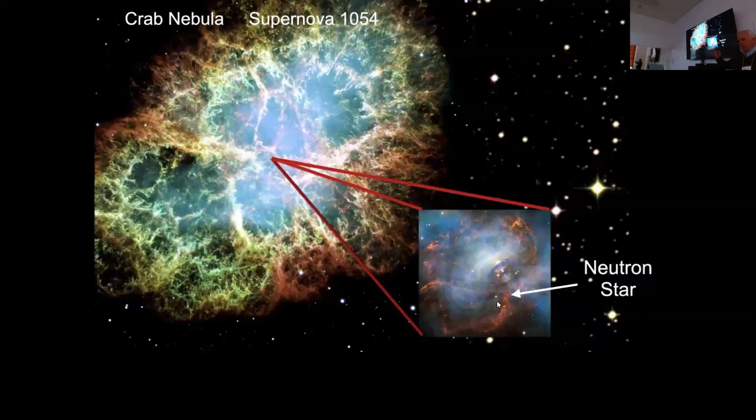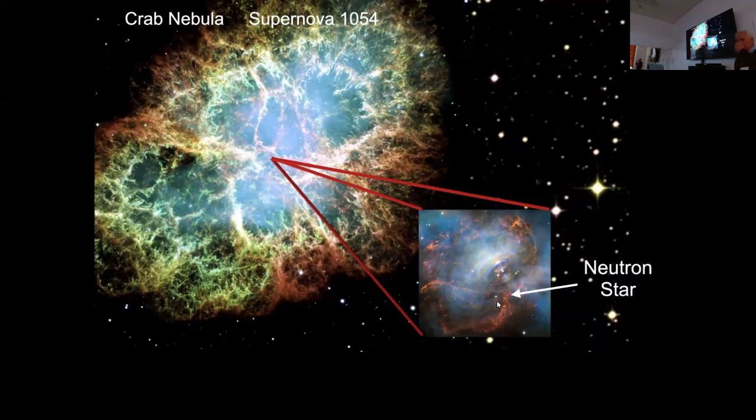What happens is that the center of a massive red giant eventually even consumes the helium. And then there's no hot stuff, no energy to hold it up. And then gravity causes it to collapse. It collapses enormously into a very small object.